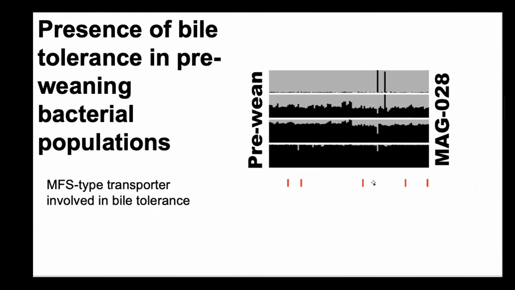The red color points out the gene functions related to bile acid tolerance. Here we were speculating how this bacterial population, which exists only in the pre-weaning samples, is able to tolerate a high bile acid environment in the pig itself.